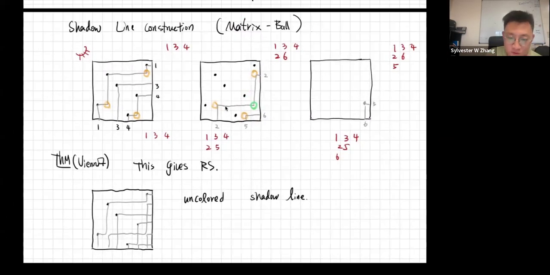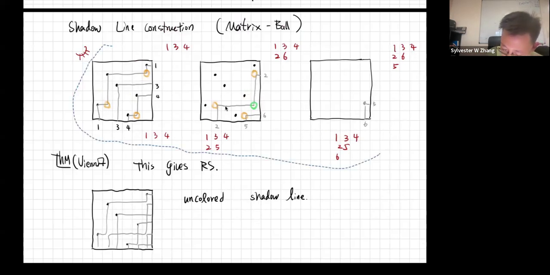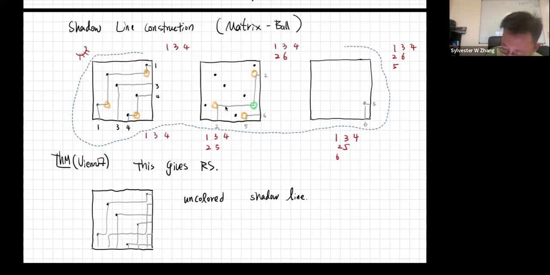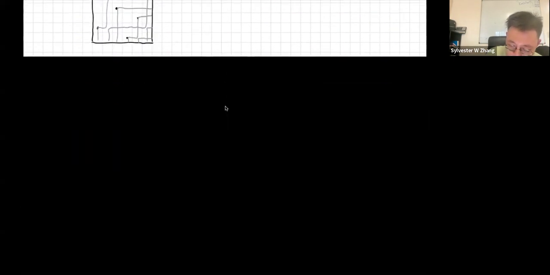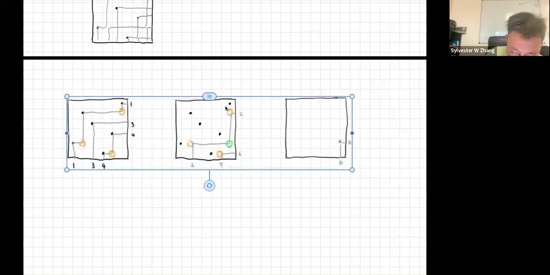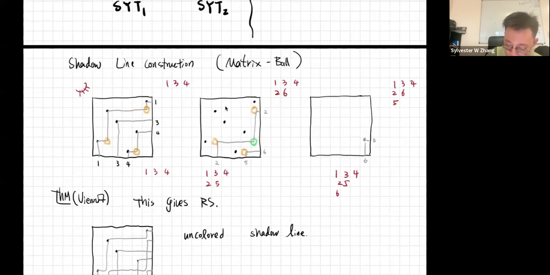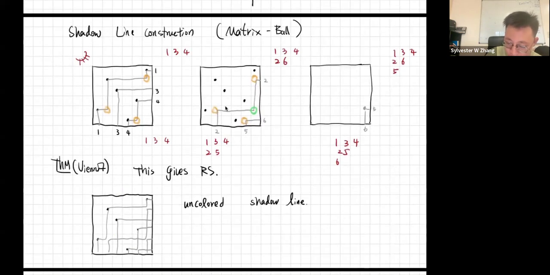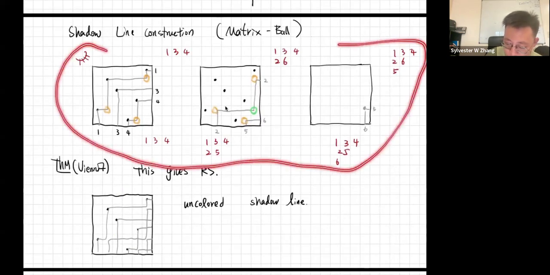And this will allow you to use the Greene-Kleitman theory to reprove Viennot's shadow line, or you can use the Viennot shadow line to reprove the Greene-Kleitman theory for the special case of permutation posets. So let me copy this example to the next page. Before I talk about the next thing, are there any questions about this construction?